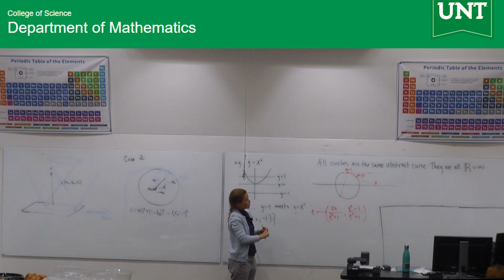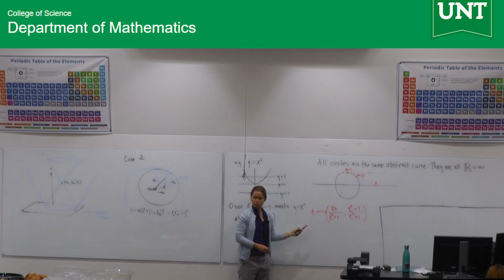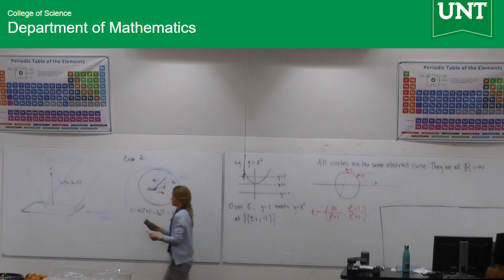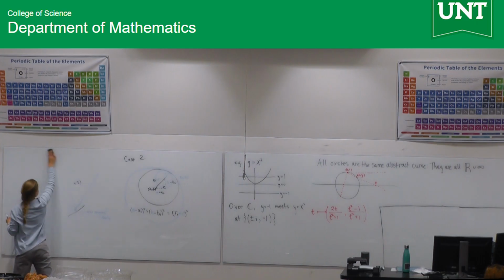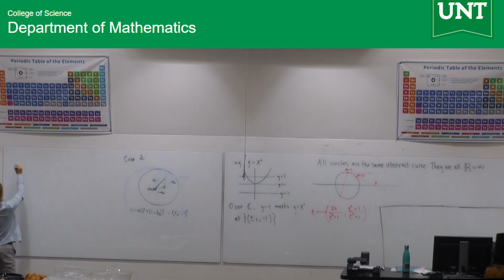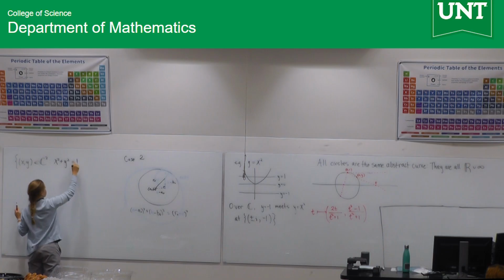It turns out, not only does this tell us about all of the real solutions to x squared plus y squared equals 1, it also parameterizes all of the complex solutions. So the set of pairs x, y in C^2 so that x squared plus y squared is 1.